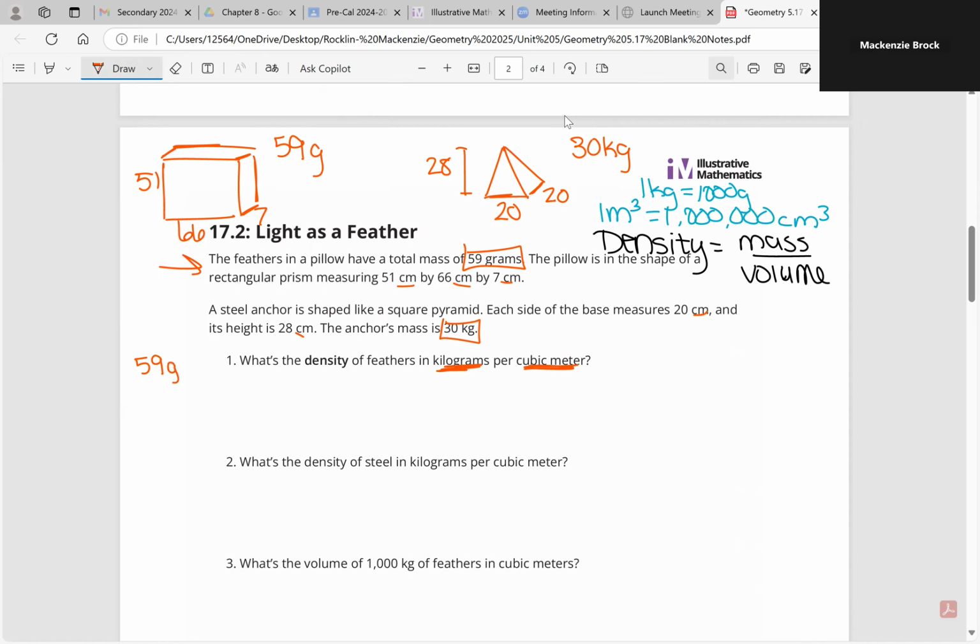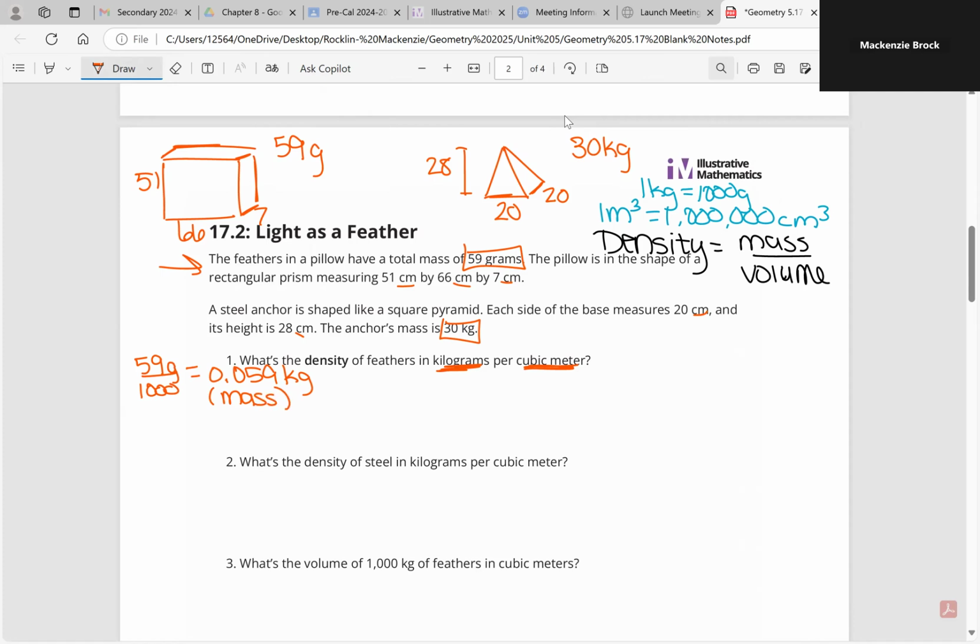I want to go to kilograms. So I know that 1 kilogram is 1,000 grams. So how many kilograms am I going to have if I have 59 grams? I'm going to divide by 1,000 to get it to kilograms. And I get 0.059 kilograms. That is my mass.